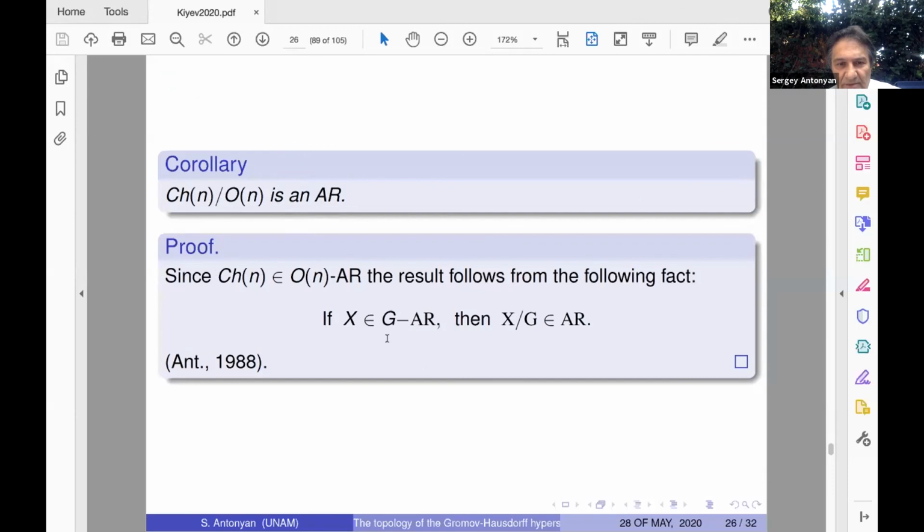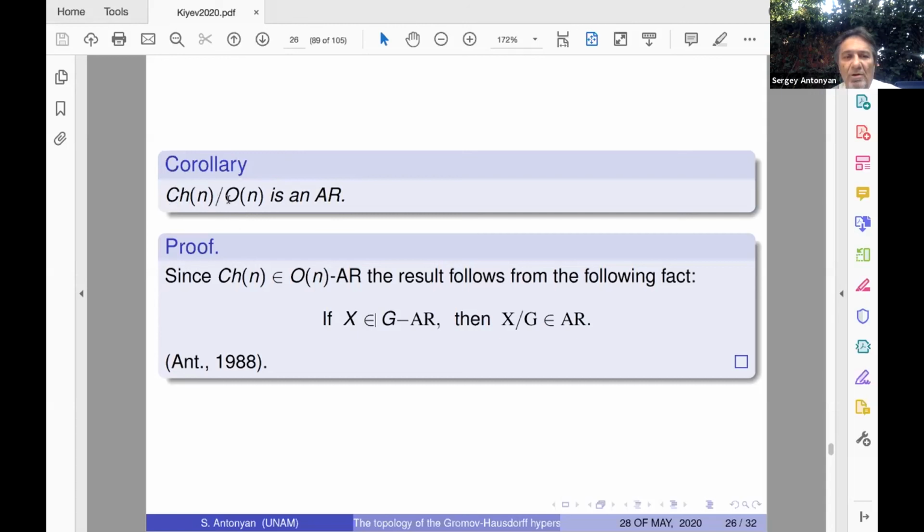Here we use the following general result known from 88: if we have an equivariant absolute retract, then the orbit space is an absolute retract when the acting group is a compact group. So combining this result and the above result, we get this fundamental property of this orbit space.